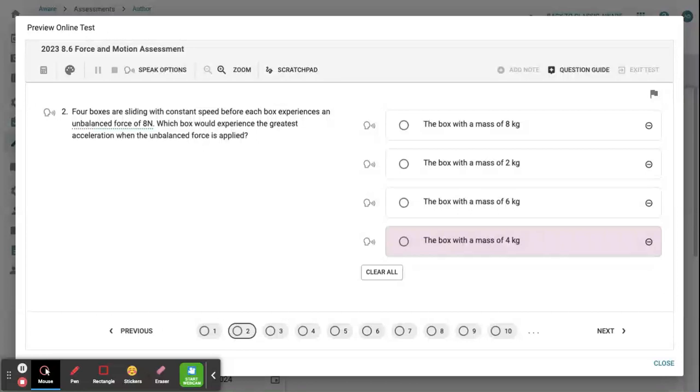So then the only thing that we're changing is the amount of mass, which in turn is going to change our acceleration. So this is kind of like, which one is going to move faster when you exert the same force, a bowling ball or a ping pong ball? And of course, it's going to be the ping pong ball because it has less mass. So the one with the smallest mass would be this one right here.